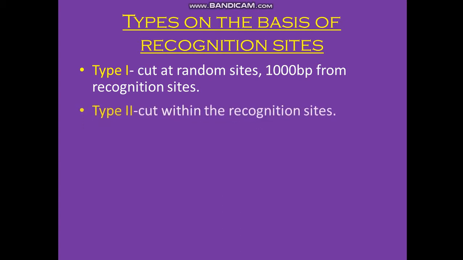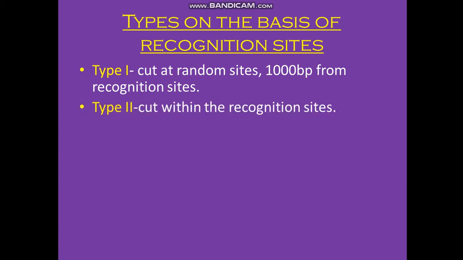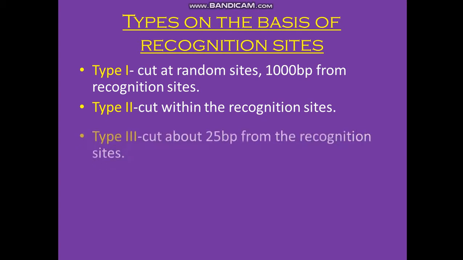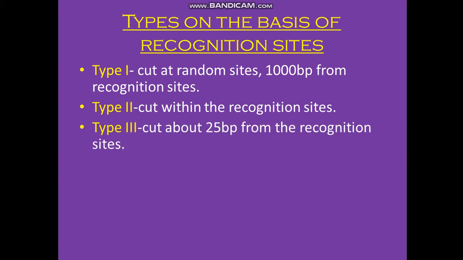Type 2 cut within the restriction sites. These are very important because they are not cutting here and there anywhere, but specifically within the recognition site. So these are of major importance. Next is type 3. They cut about 25 base pairs from the recognition site.